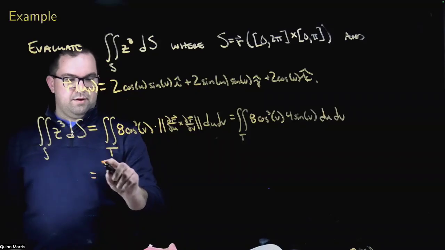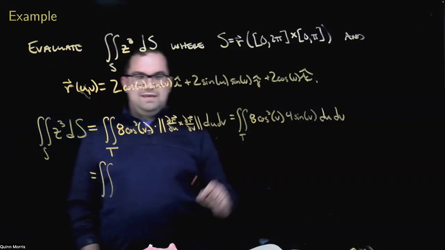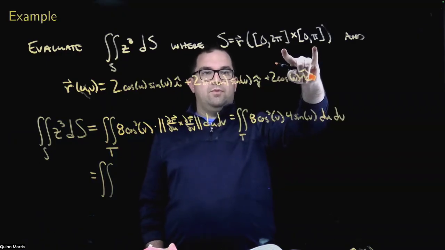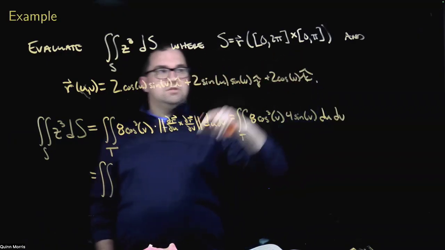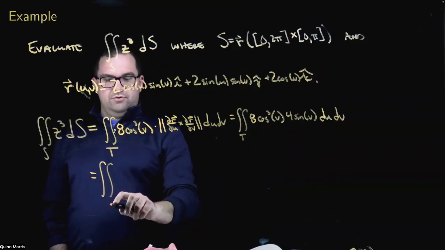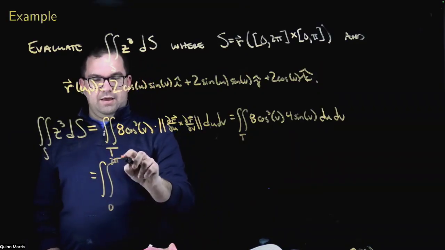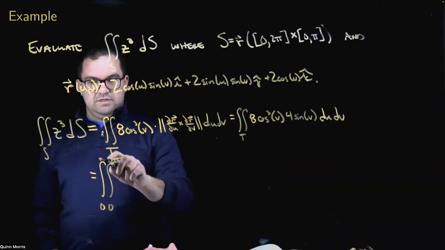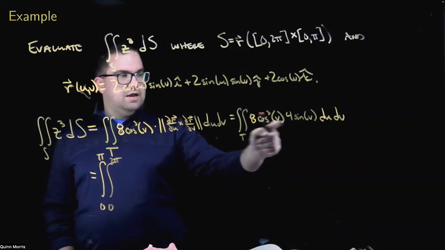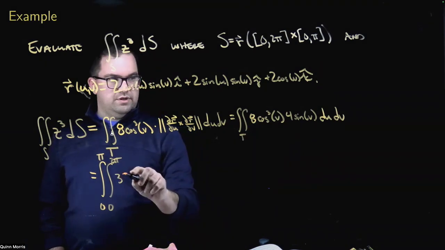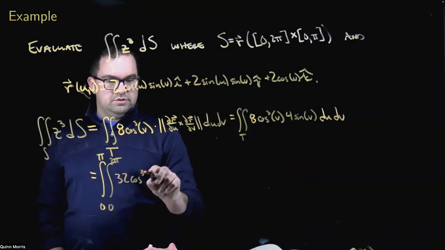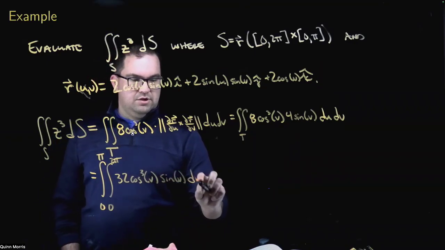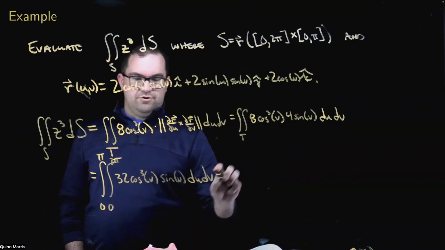And so what is this going to come out to be? It's a double integral over T, but now remember T is just this rectangle. Right now we're integrating over the parameter space. So my u values are going to go from 0 to 2 pi, and my v values are going to go from 0 to pi. And then what do I have? 8 times 4 is 32 cosine cubed v sine of v du dv. So now I have this iterated integral.